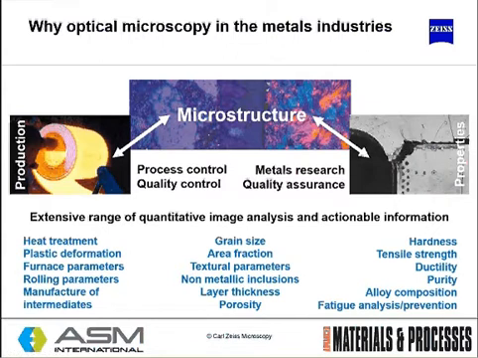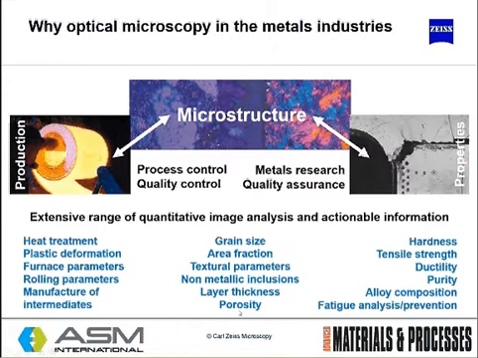So there's an extensive range of quantitative image analysis techniques and actionable information that can be gained purely by inspecting through a light microscope and using some of the advanced analytical techniques that the modern microscope can offer.